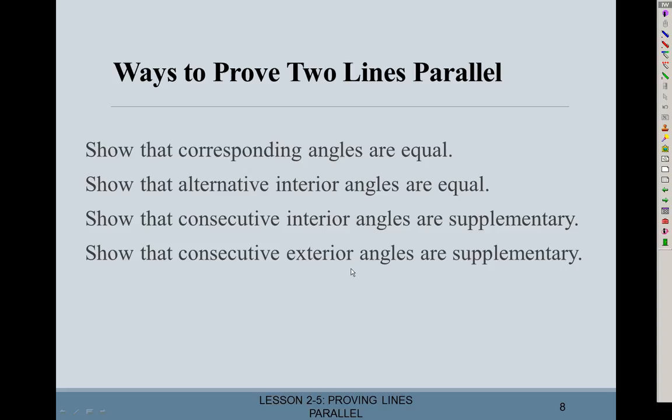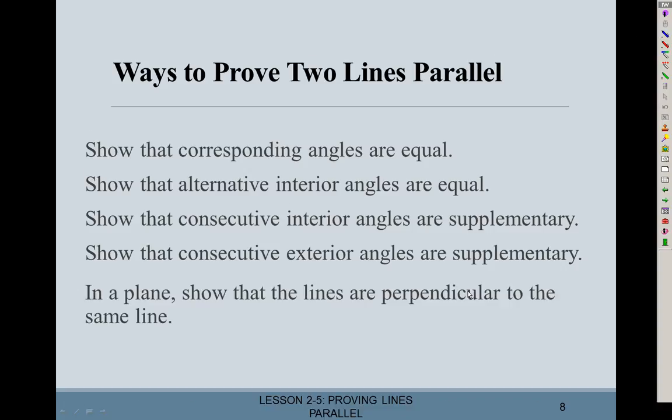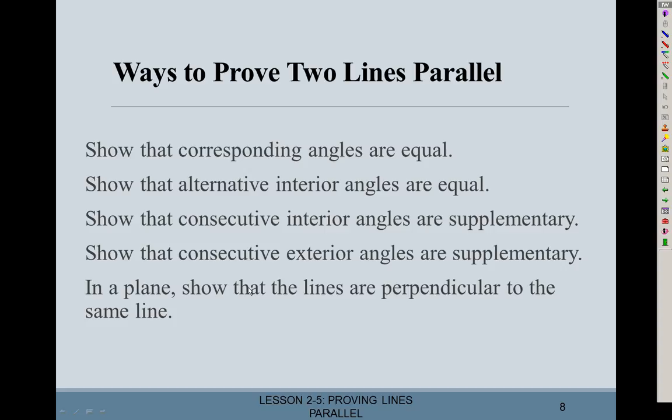We could show that the consecutive exterior angles are supplementary. That's the same side exterior. We can also show that the lines are perpendicular to the same line. That's one other way.